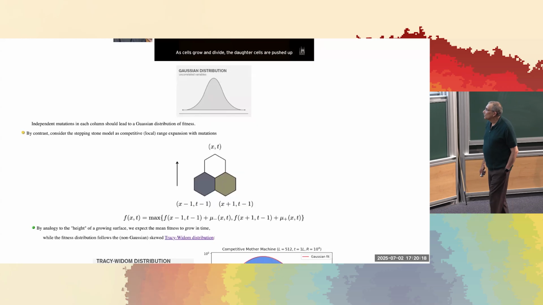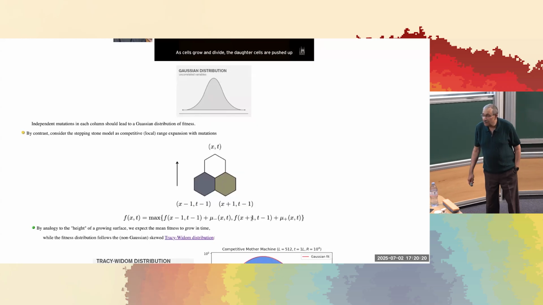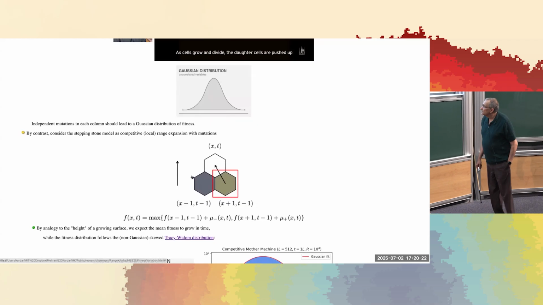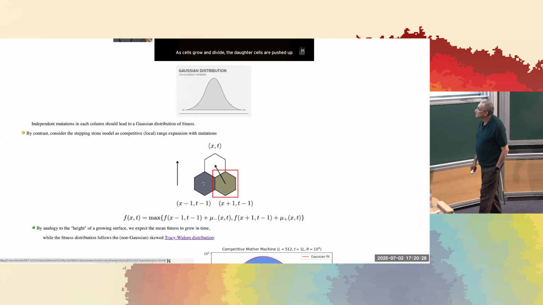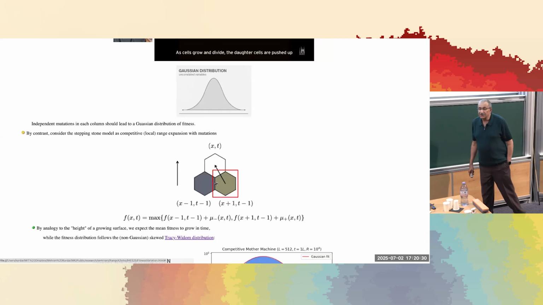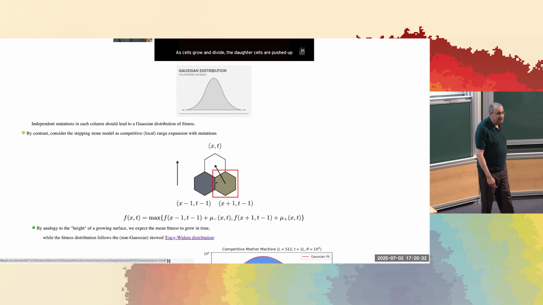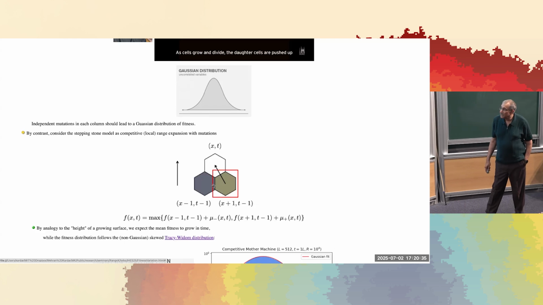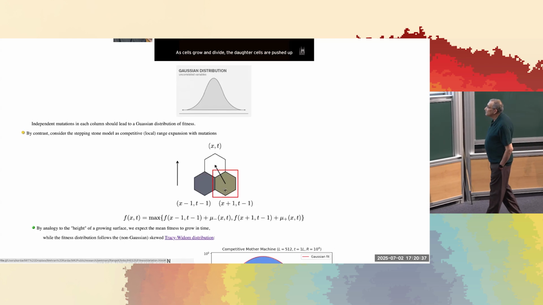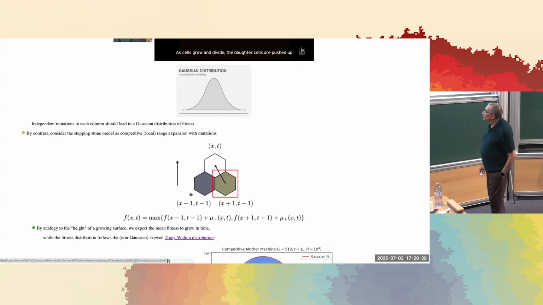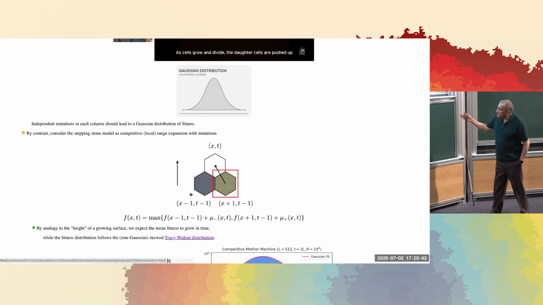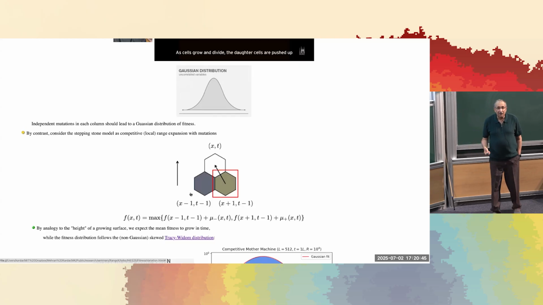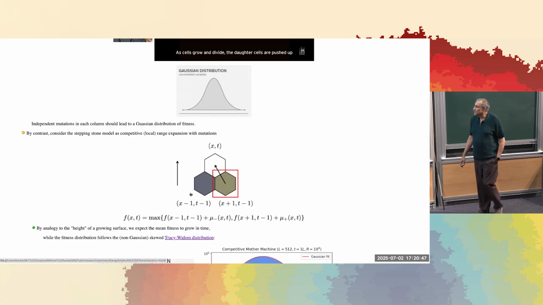But now suppose I do this with my model, where I have the two species, whose fitnesses because of random mutations are different, but now the difference in fitness is important and only the better one survives. So I can write down an equation for how the fitness evolves in this case, which is actually another one of those models in the KPZ universality class.